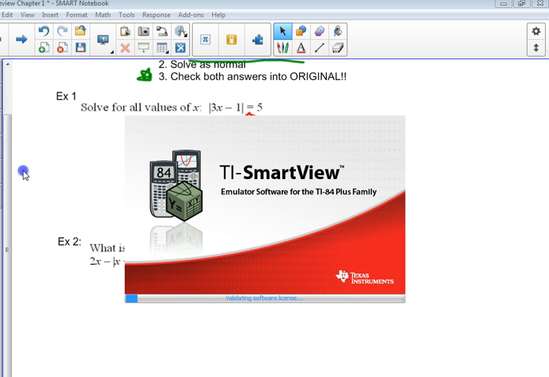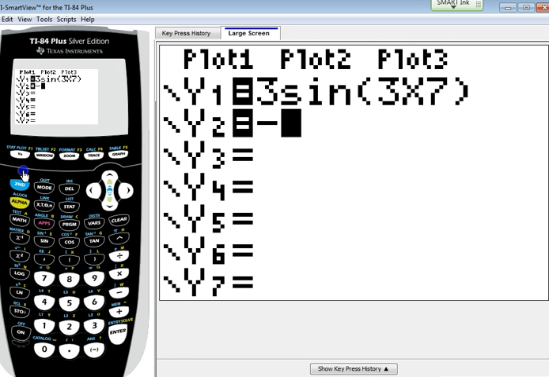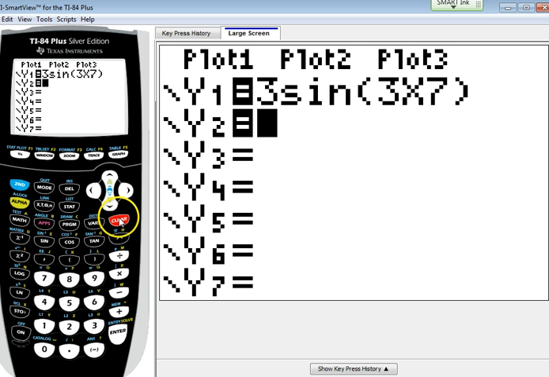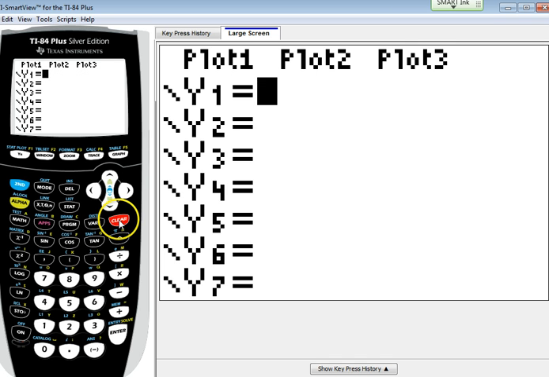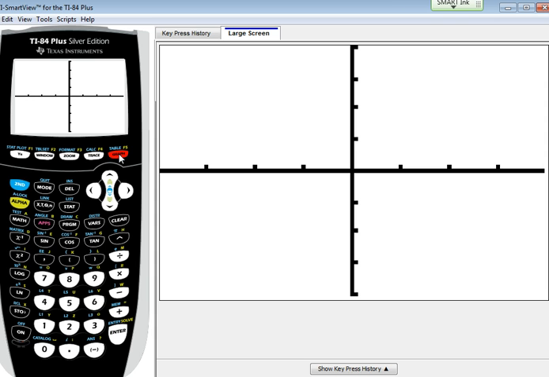Remember when we did the log, you were able to use the window thing. Alpha window. There's the absolute value, you can actually type it in. I think it's just nice.